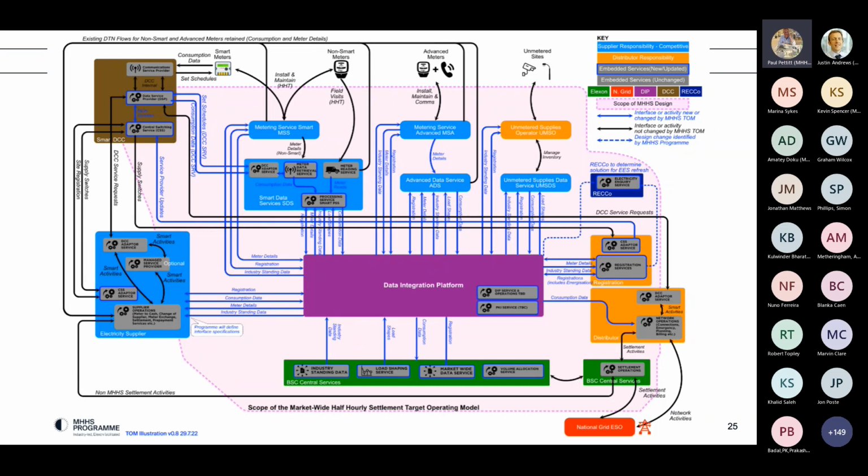This model's referred to sometimes as the Patrick model, and the rationale behind that is the pink bit in the middle that touches parts of DCC, incorporates the whole of the DIP, the whole of Electron Central Systems, BSC, etc., has a resemblance apparently to a character called Patrick in SpongeBob SquarePants.